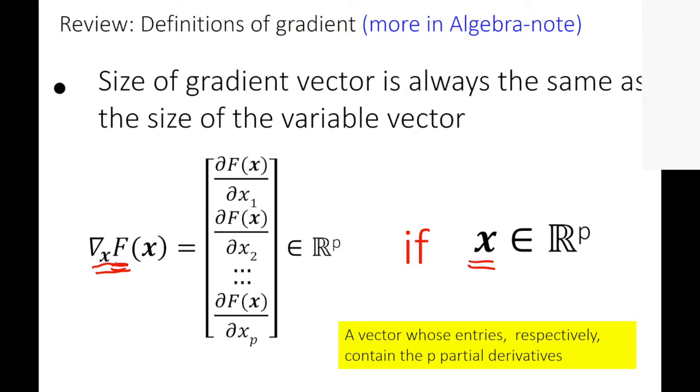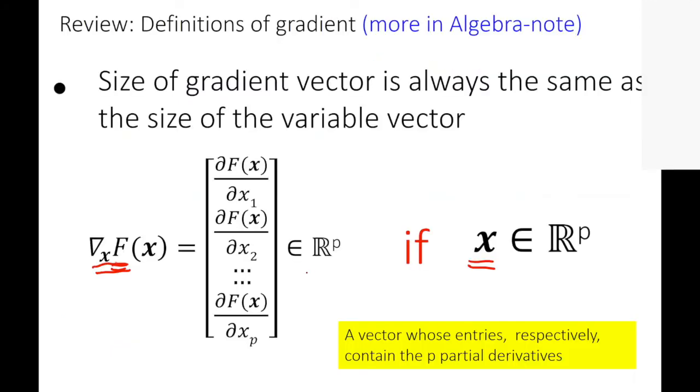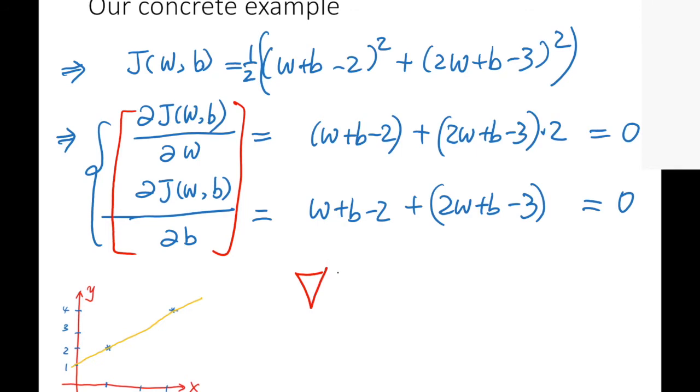I already copied that here. So my gradient of J(w, b), let me summarize it with theta, which makes it easier.